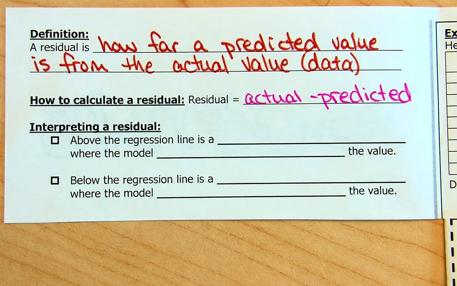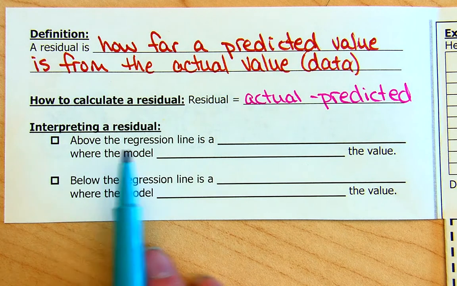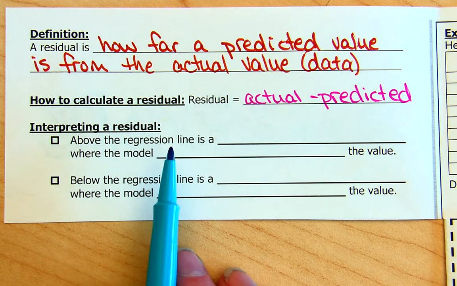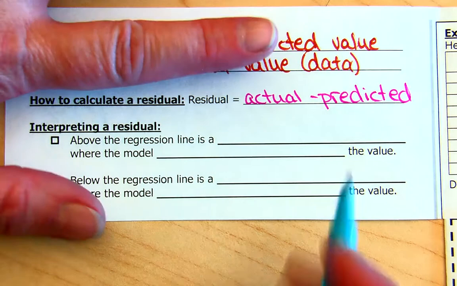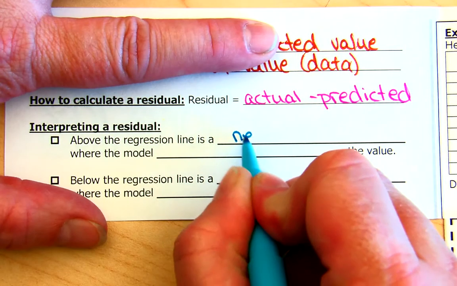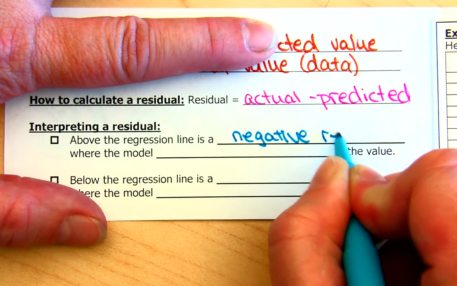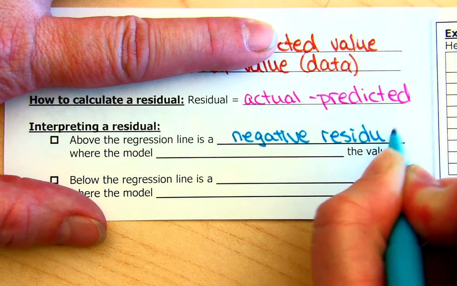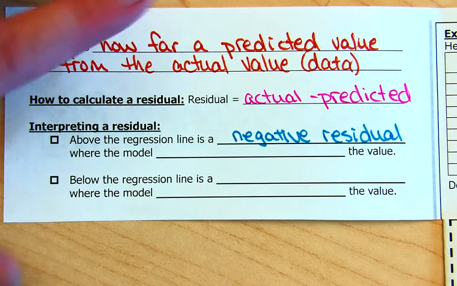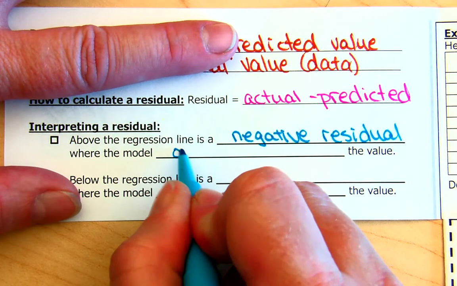So, if a value is above the regression line, we're going to have a negative residual, which means we overestimated.